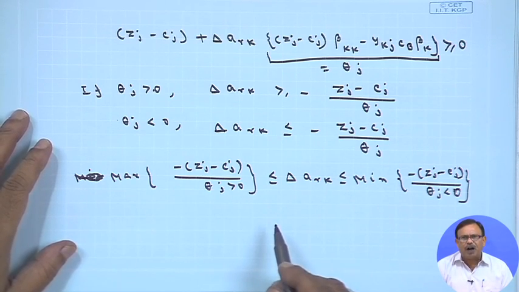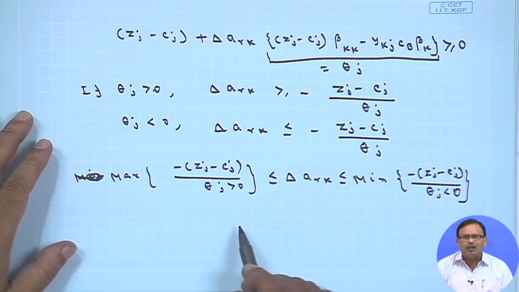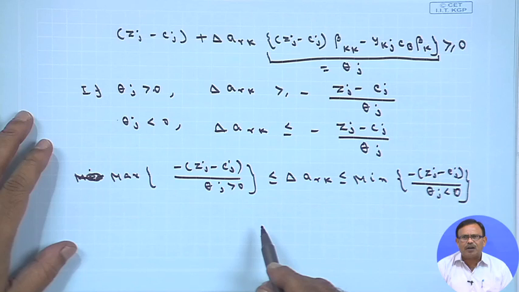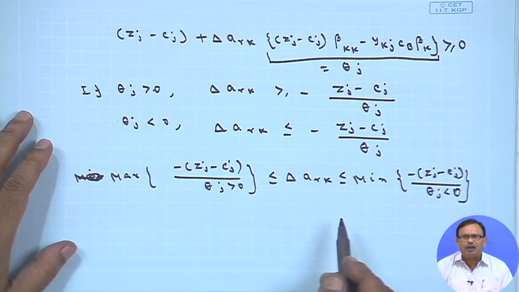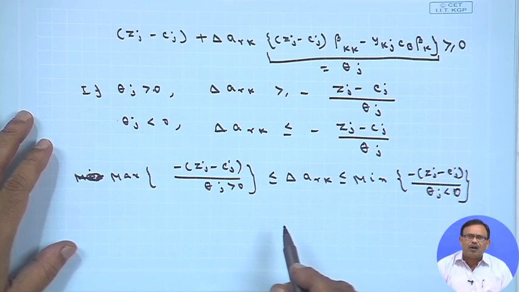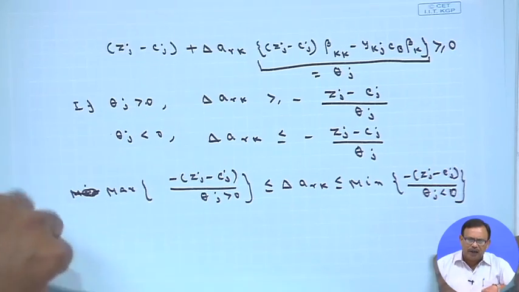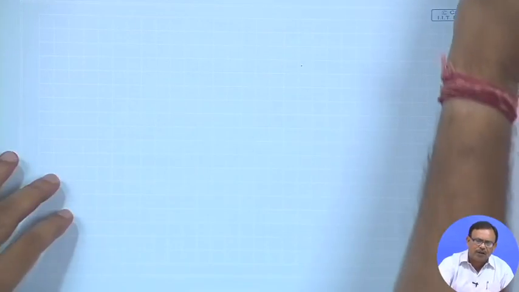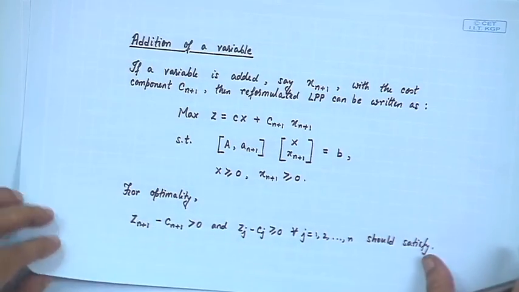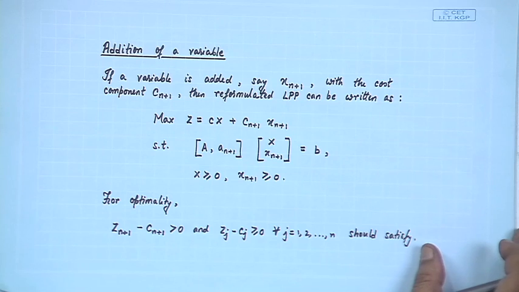So, here we have derived conditions for which the feasibility and optimality will remain unchanged: if the variations lie in the range provided here, then the feasibility condition and optimality condition both will remain unchanged. So, these are the variations in three parameters, that is C, B, and the next one was A. Now, we will go to the other one, that is addition of a variable.